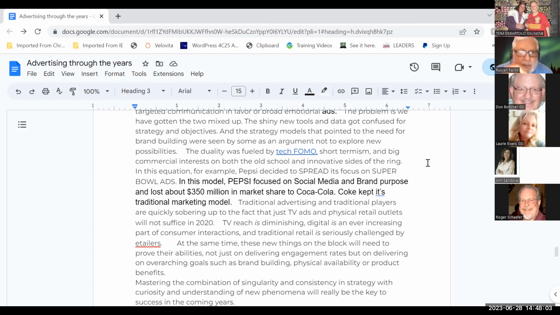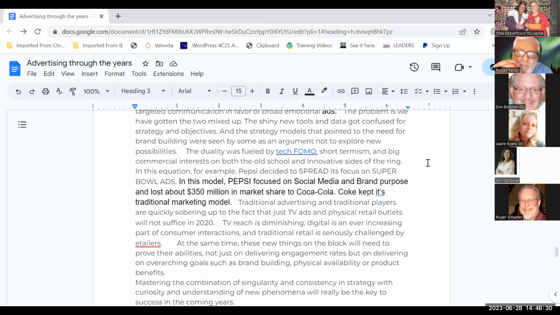In this example, Pepsi decided to spread its focus on Super Bowl ads. In this model, Pepsi focused on social media and brand purpose and lost about $350 million in market share to Coca-Cola. Coca-Cola kept its traditional marketing model and therefore bounded ahead.